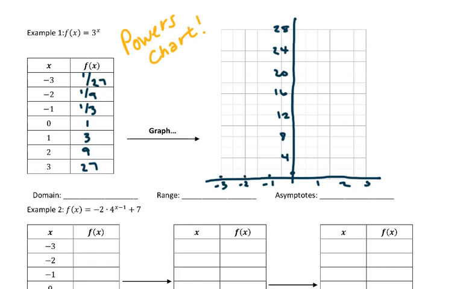Just do your best, okay? 1 is going to be at 3, so halfway in that one. 2 is at 9, so halfway there. And then 3 is up here at 27. Perfect. And then we're just going to do as best we can to connect those points. Then we have that nice exponential growth.